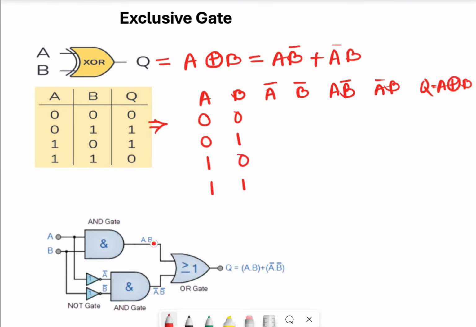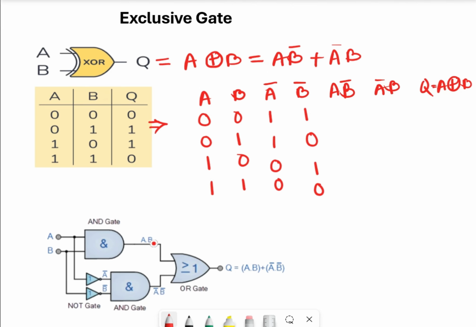So if we invert the value of A, we'll find 1 1 and 0 0, and here 1 0 1 0.